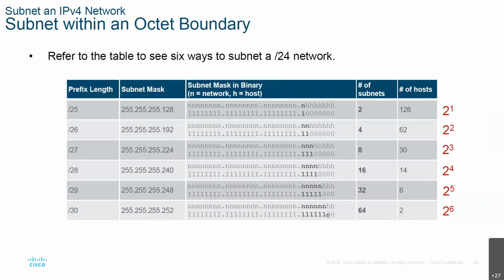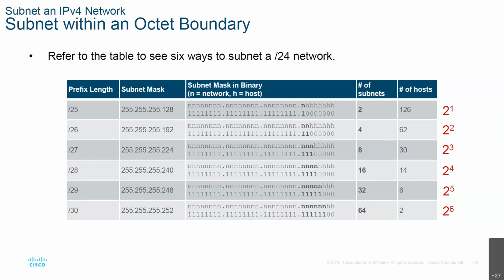Here, 1, 2: 2 to the power of 2 minus 2 means only 2 devices. But 64 subnets. Now you may ask, what is the use of this? I don't understand, why do we need this? Yes, we need it. You will understand it very soon.